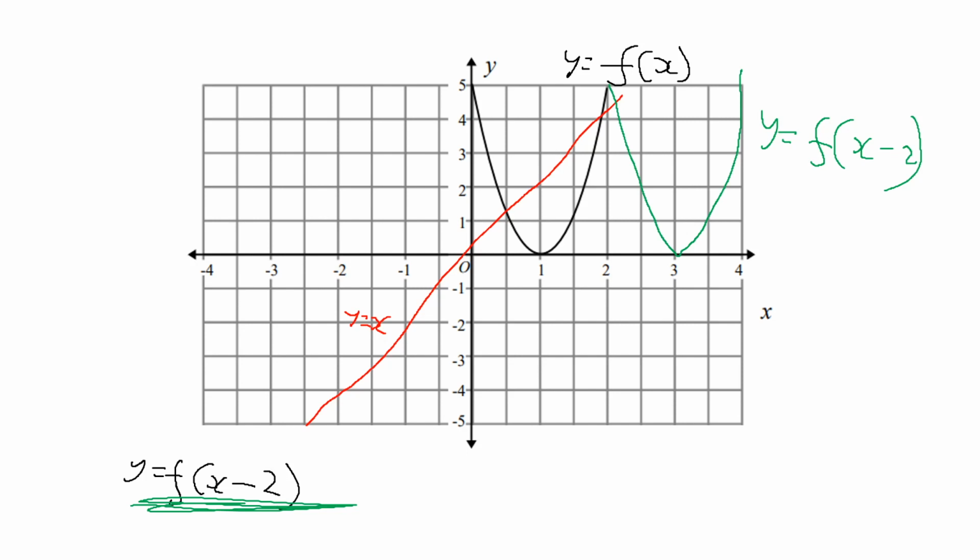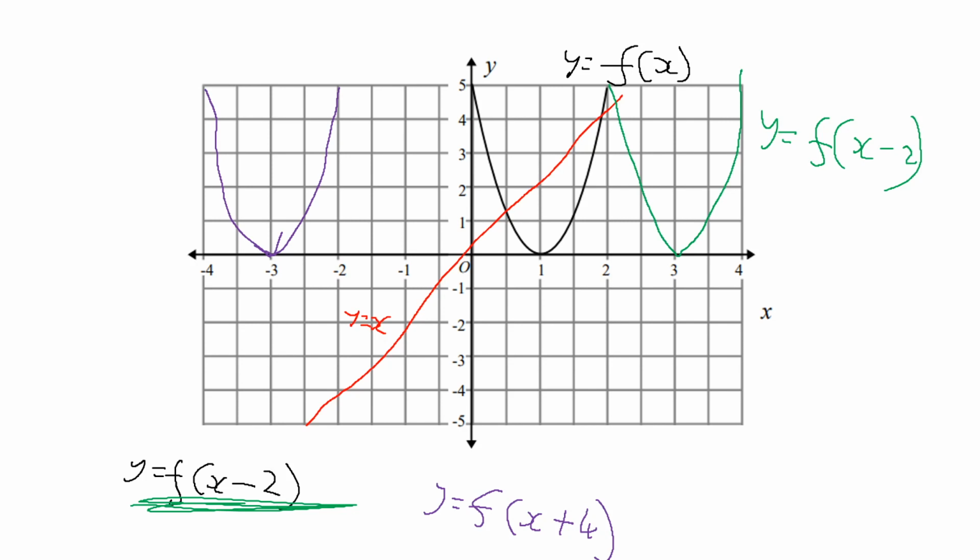And, as I've probably given away, if we have something like y equals f of x plus 4, then again it's the same, but we're shifting it to the left by 4, as opposed to the right, which on the surface makes sense, but if you look at it a little deeper, it doesn't make a lot of sense to do it.